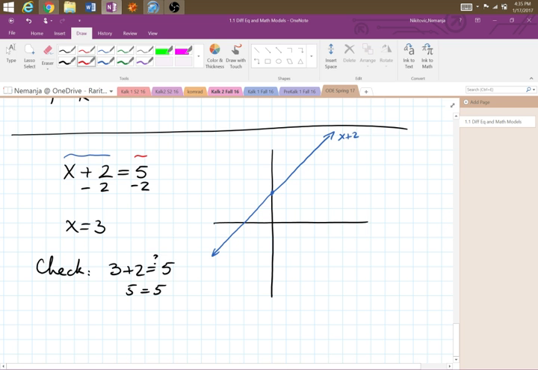Y equals 5 is the horizontal line that goes through 5, like this. Where do they intersect? They intersect at the point 3, 5. You see how x is equal to 3?